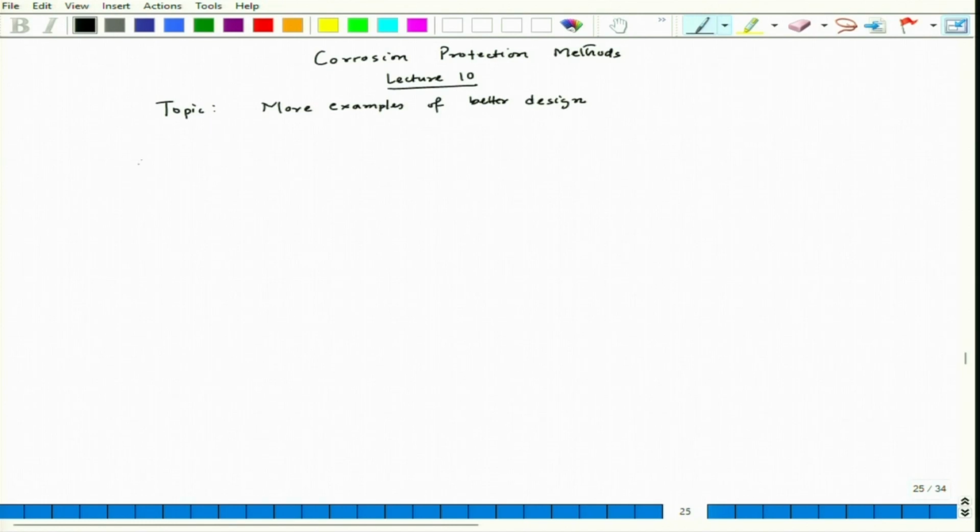Now, let us say we talk about some examples to avoid local attack, mainly crevice. Let us say we have used a gasket.